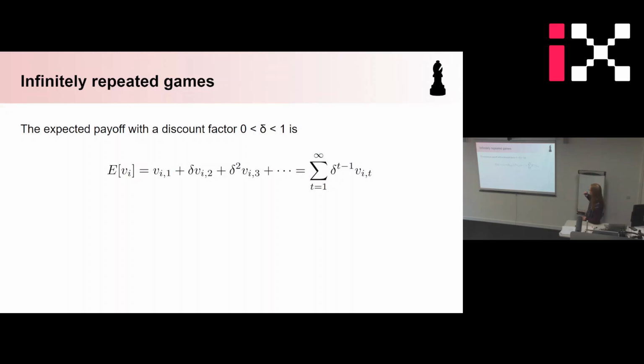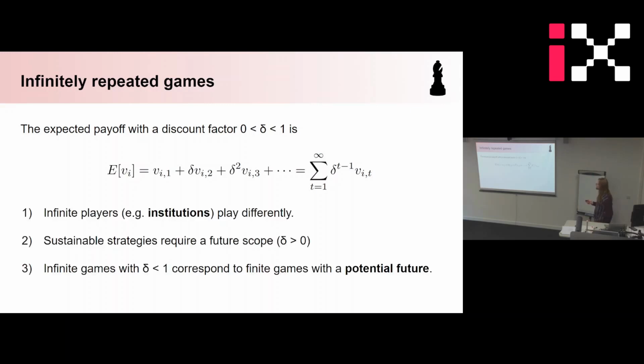But this kind of game is different in the sense that if you don't care about the future at all, so if delta is 0, so you only play for now, you're going to eat the marshmallow immediately, then you play a very different game than if you play for the future. And that means that if you add infinite players, the game changes.